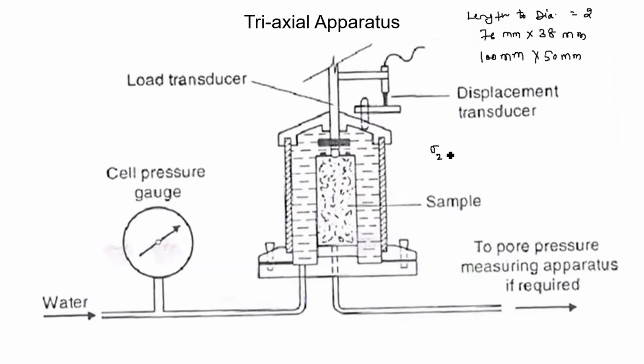Sigma 2 and sigma 3 are the same, which is equal to the confining pressure given with the help of water. After application of the confining pressure, an additional axial stress is given, which is called deviator stress.